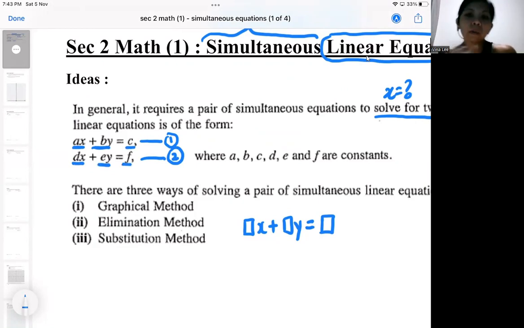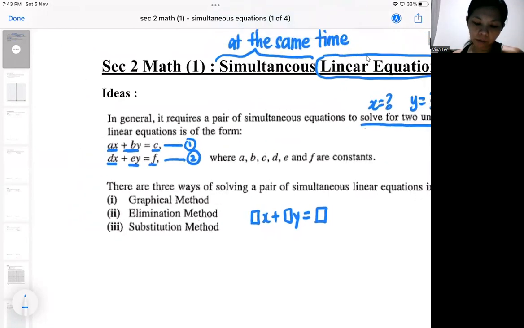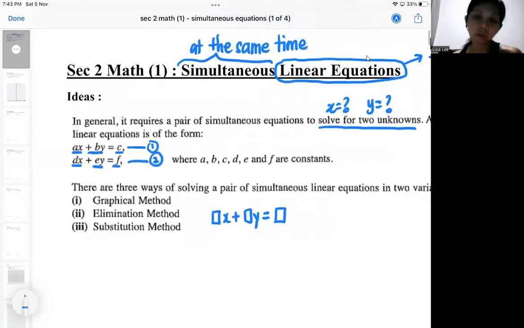This is the general format, and our usual notation is that we label the first equation as number 1 and the second equation as number 2. This is part of your presentation.